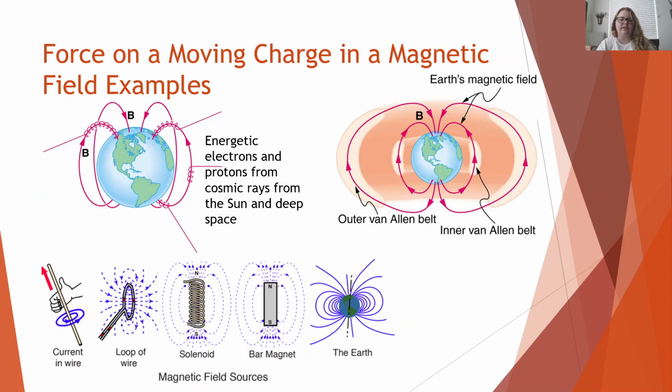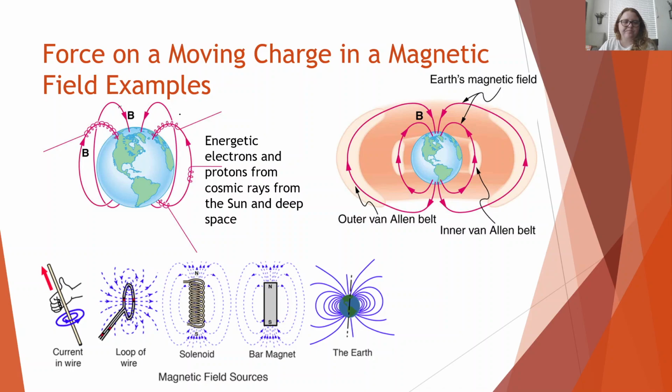All right. So let's move on to force on a moving charge in a magnetic field examples. A major example would of course be Earth. I did discuss this a little bit before, but what this represents is the energetic electrons and protons that are coming from cosmic rays, like the sun or deep space, other nearby objects, and they get caught in these loops of the magnetic field.